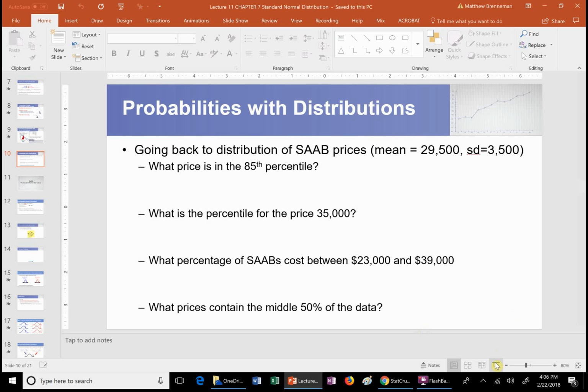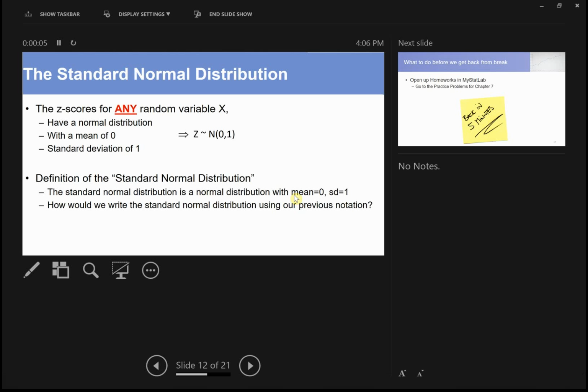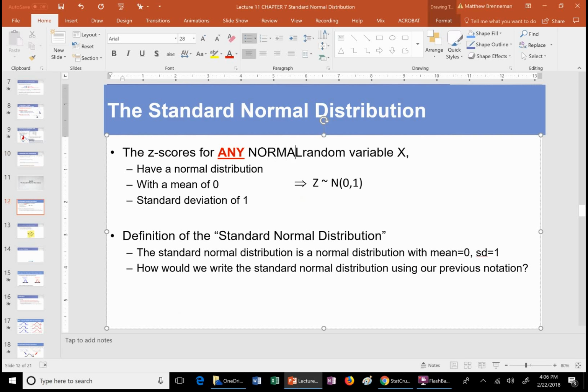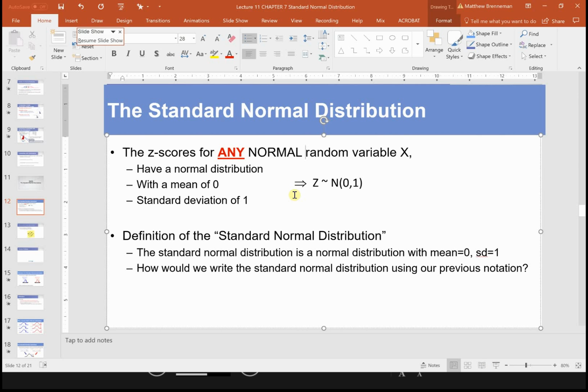Okay, so this is kind of a review of everything we've done with the normal. We're just going to take this as a fact right now. If you give me any normal random variable, doesn't matter what the mean or standard deviation is, and you compute the z-scores for that normal random variable, the z-scores have a normal distribution. And it's always the same normal distribution. It has a mean of 0 and a standard deviation of 1.